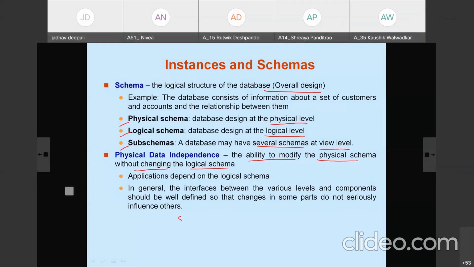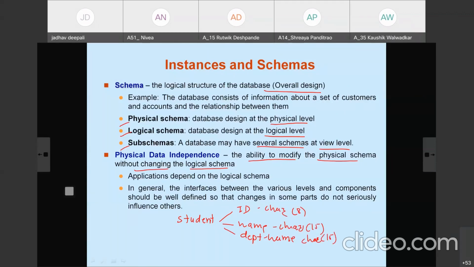Suppose there is a table with student ID, name, department name. In this schema, student ID is of type character, name is of type character, suppose 8, 15, and department name is also character. This table is created at the physical level.